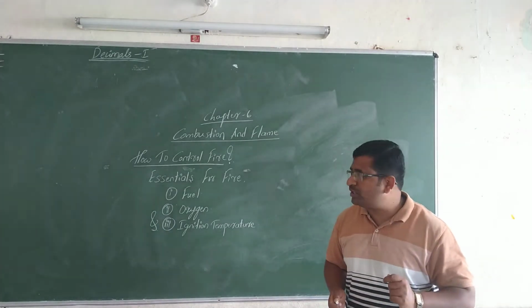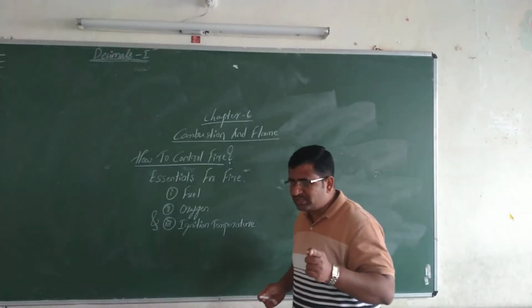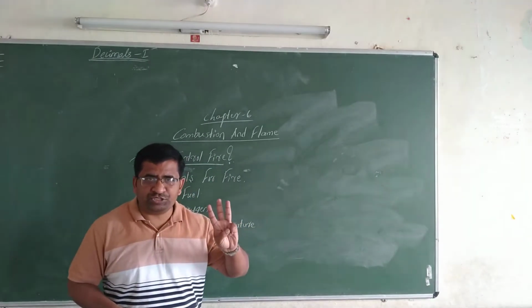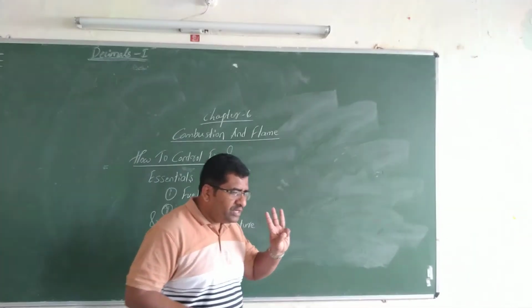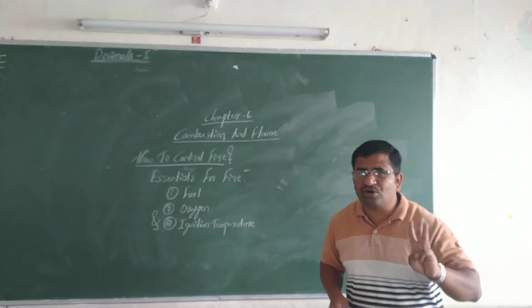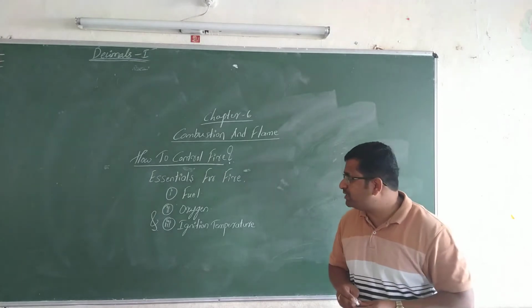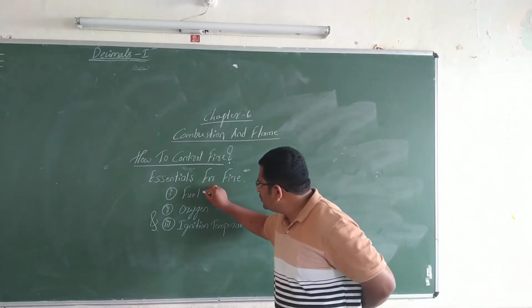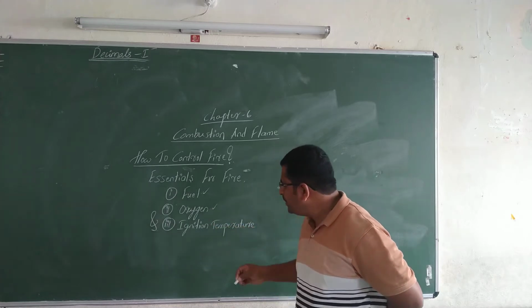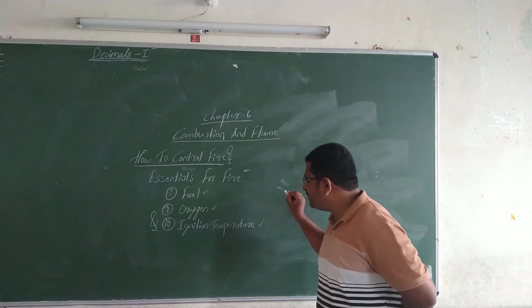That question comes. In my yesterday's class, I already said there are three essentials required for a fire or for combustion to take place. The first is fuel, the second is oxygen, air, and the third is ignition temperature.